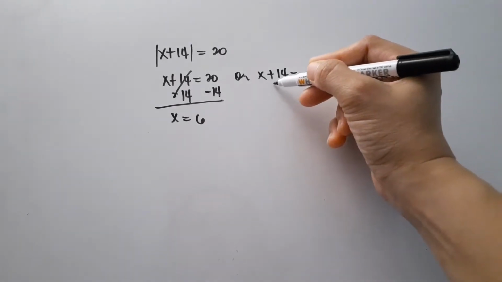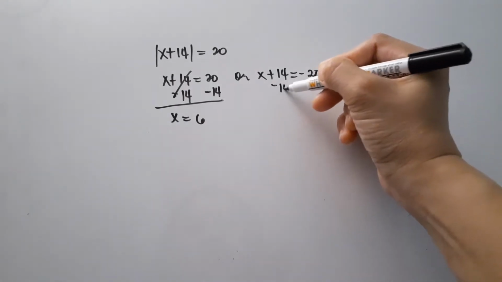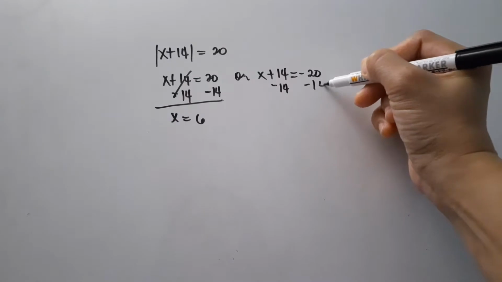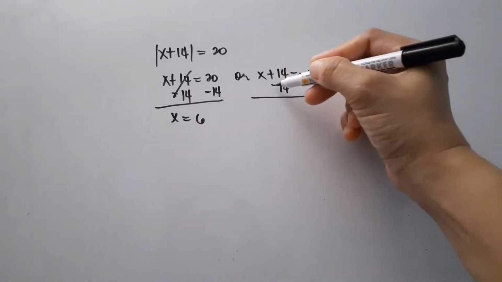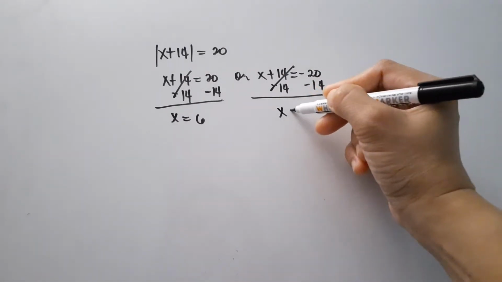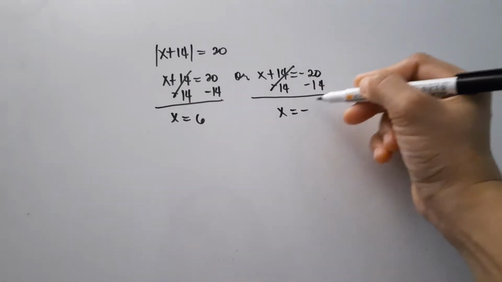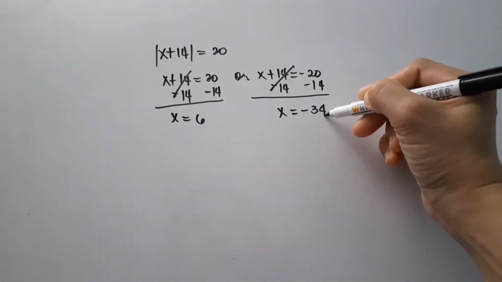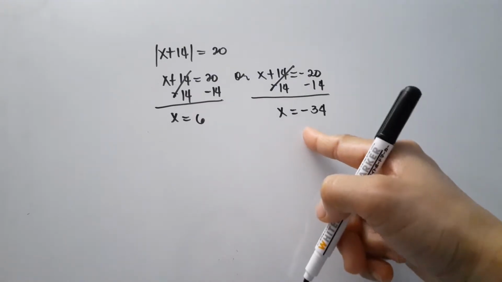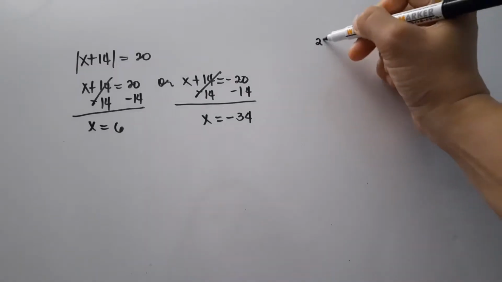And then on the other side, we subtract 14 from both sides. Then x is equal to -34. So we have two answers.